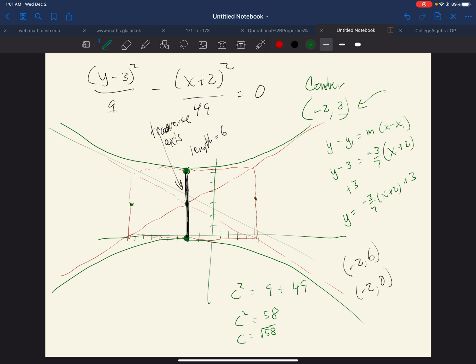But what that means is up here somewhere, and I'm going to erase this, up here somewhere is a point, and the coordinates of that point is -2 and then we went 3 to get to there, but then we went up root 58. So we're going to go up root 58, and then we have -2, 3 minus root 58.